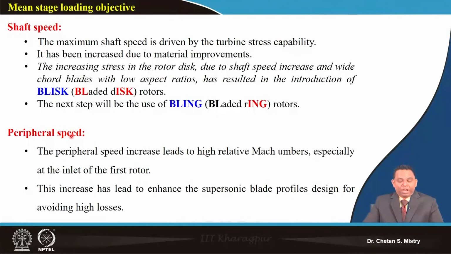Okay. The second parameter, as we have discussed, is peripheral speed. When we increase our peripheral speed, we will have a higher relative Mach number, and that is mainly at the entry of my compressor, the very first stage of my rotor.